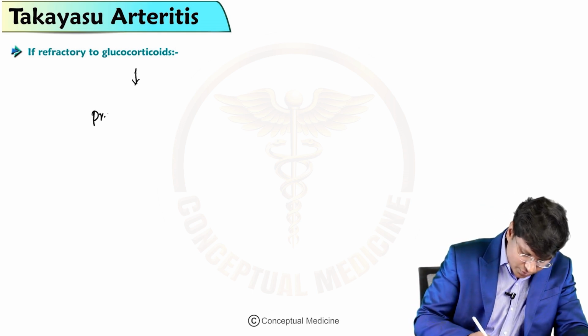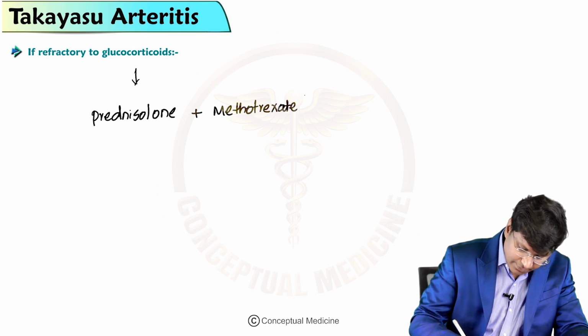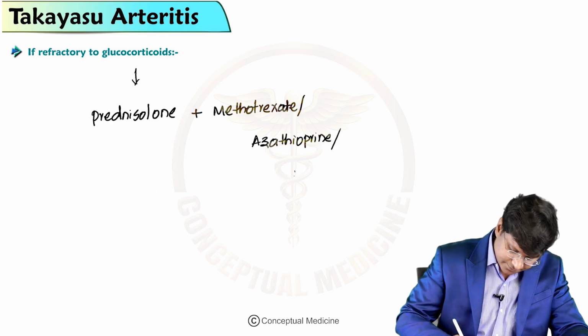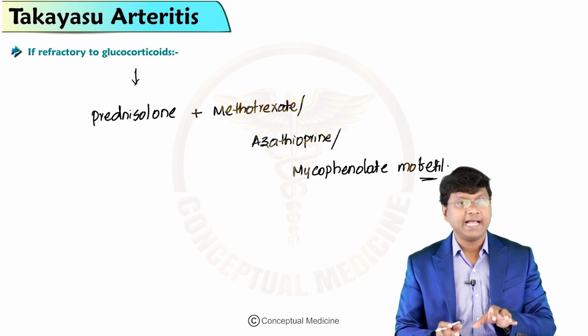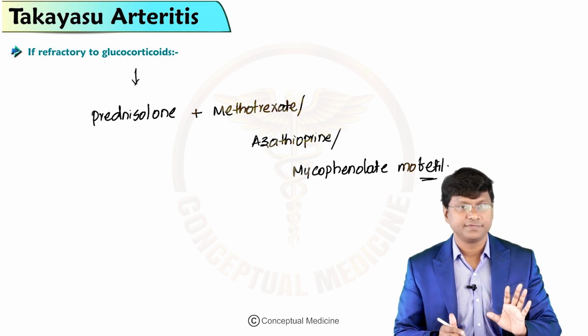So to this prednisolone, you have to add methotrexate or azathioprine or mycophenolate mofetil. Okay, so either of these drugs to be added to the prednisolone, they may be more effective, right?